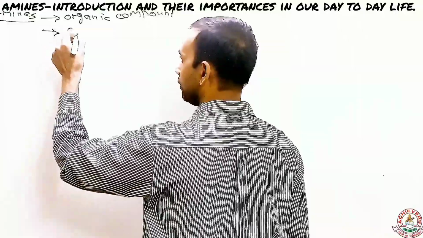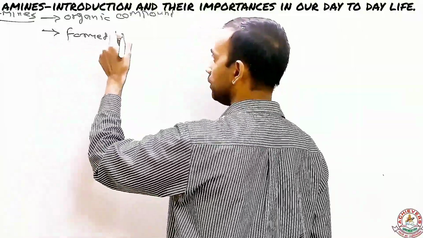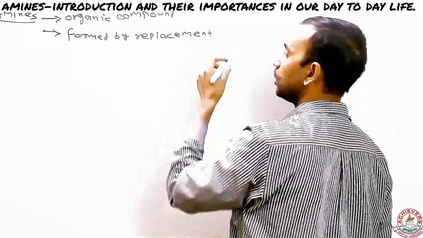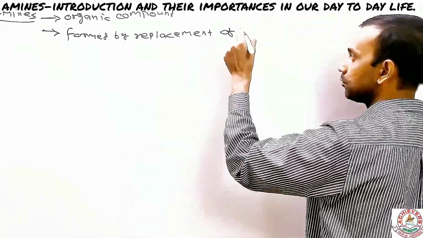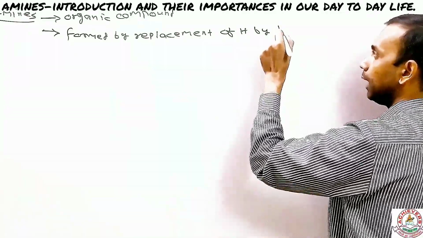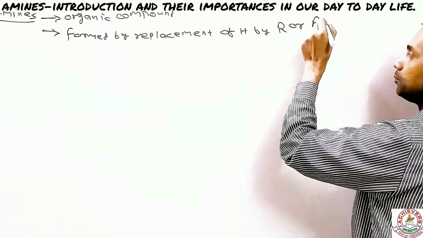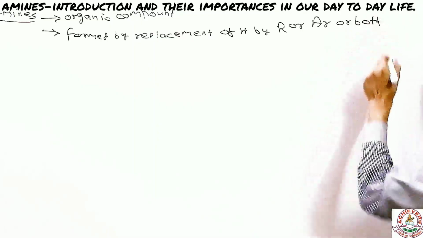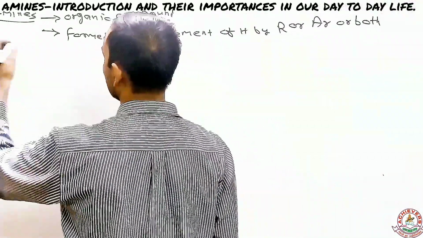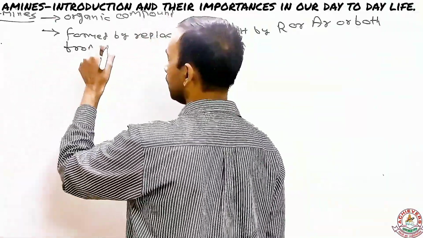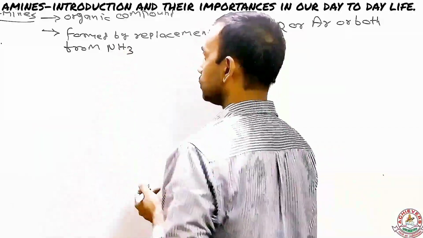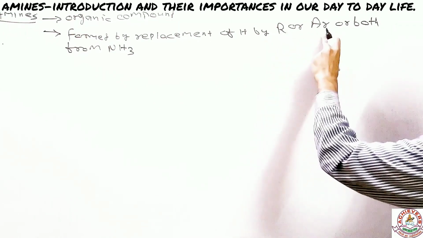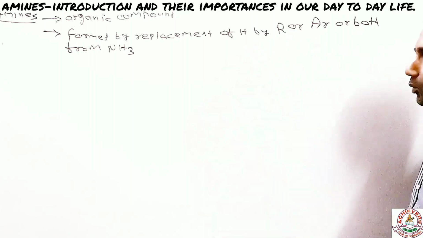They are formed by replacement of hydrogen by alkyl or aryl group or both from ammonia.